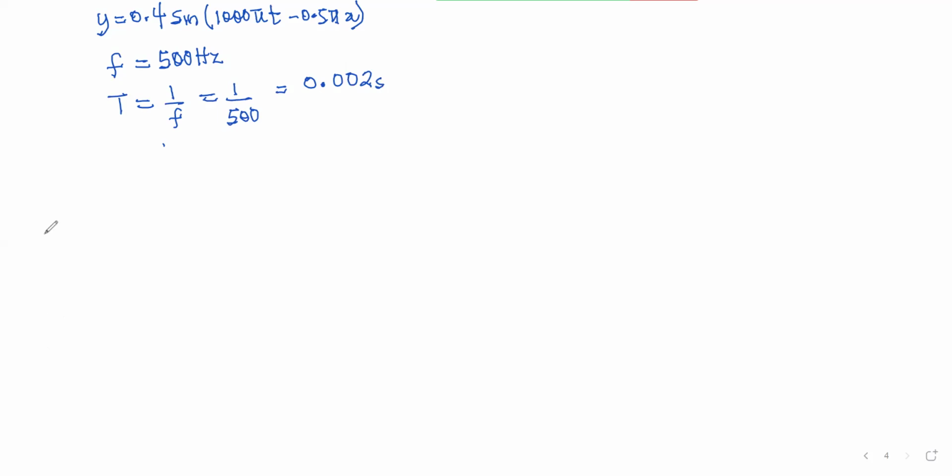So in sketching this, it's a displacement time graph. So the vertical axis and then the horizontal axis.